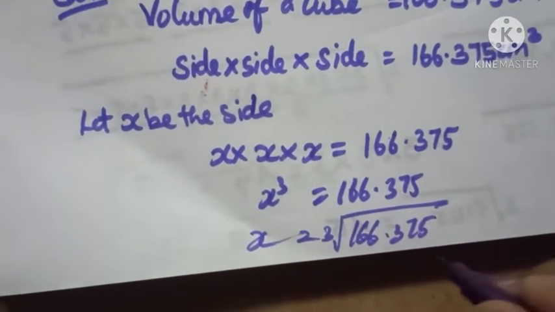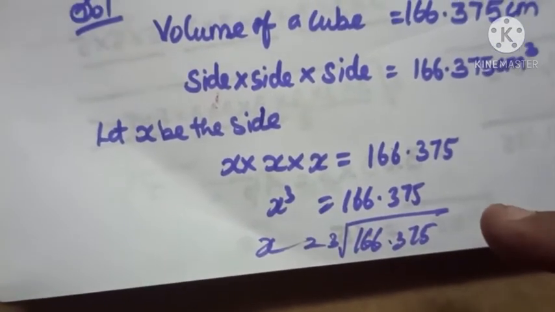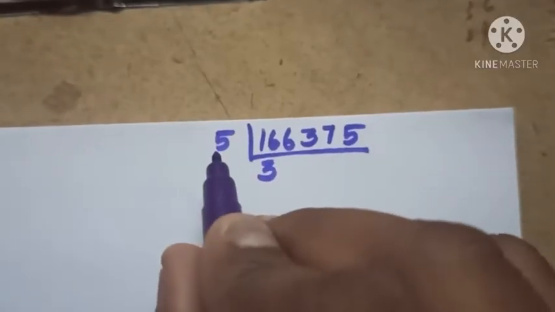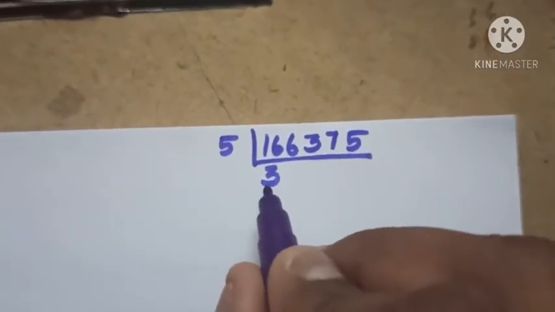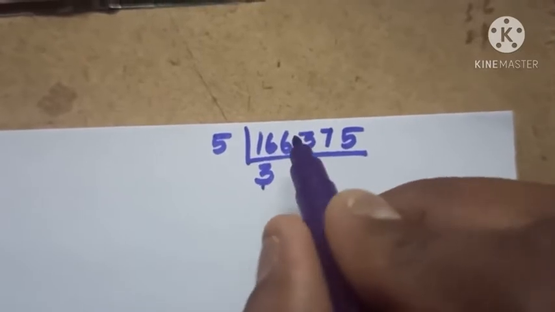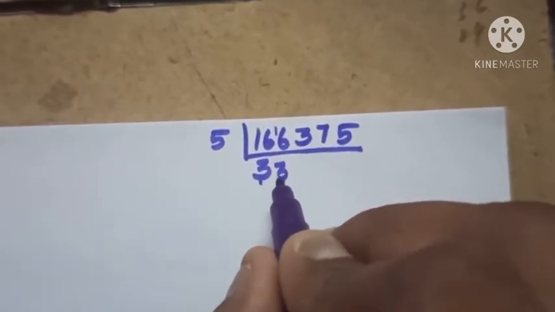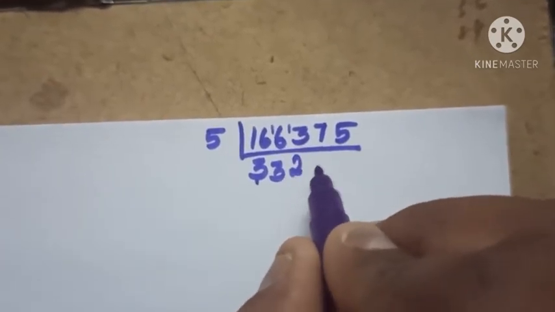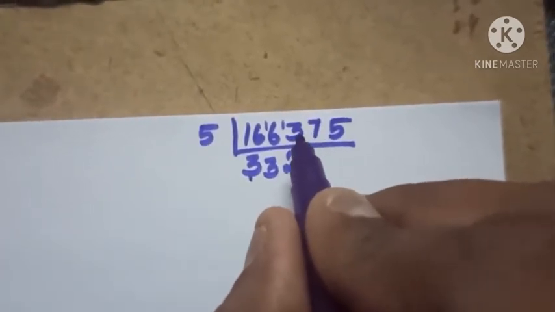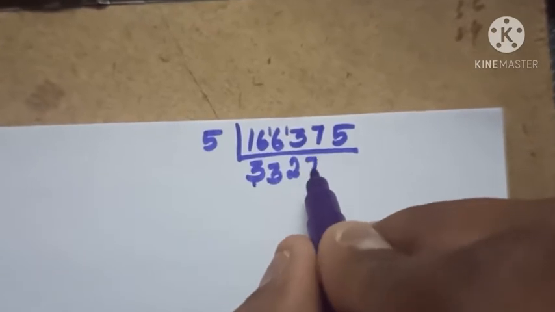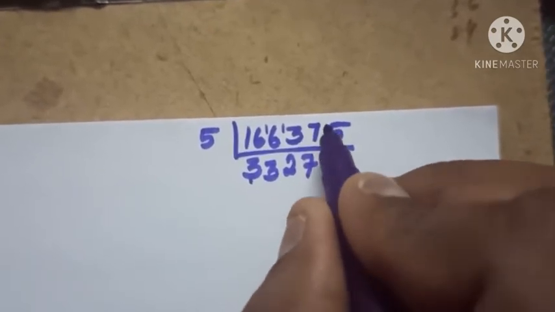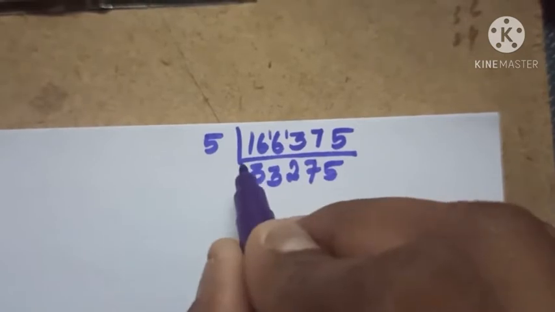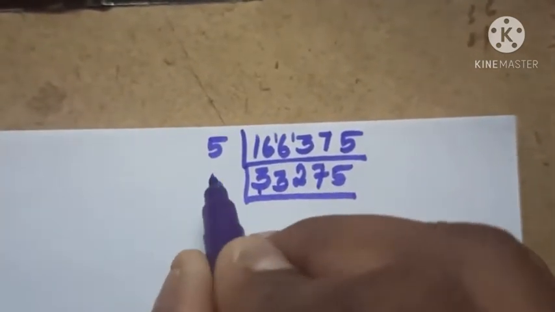So we need to take a prime factorization. We have to multiply with the 5 table. So 3 times 5, 15, remaining 1. So again 3 times 5, 15, remaining 1, so it becomes 13. So 2 times 5 means 10, remaining 3, so 37. 7 times 5 means 35, remaining 2, it becomes 25, so 5 times. Again we continue with the same process, 5.